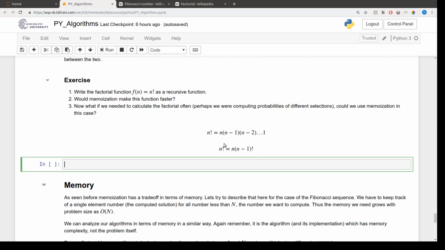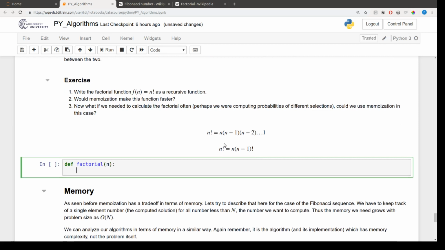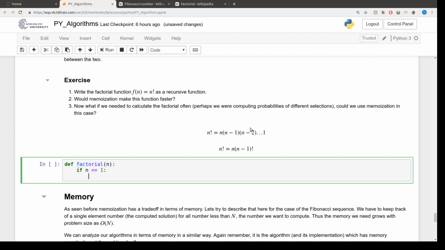Okay, so I can define a factorial function for n, and if n is 1, this is going to be my base case. If n is 1, I return 1. I know the factorial of 1 for sure. No problems there.